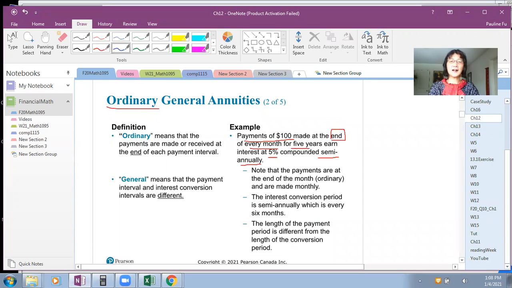A year has 12 payments because you are making payment every month. Interest conversion periods per year, CY, equals 2 because interest is compounded semi-annually. Since PY is not equal to CY, this is a general annuity. General means PY not equal to CY.